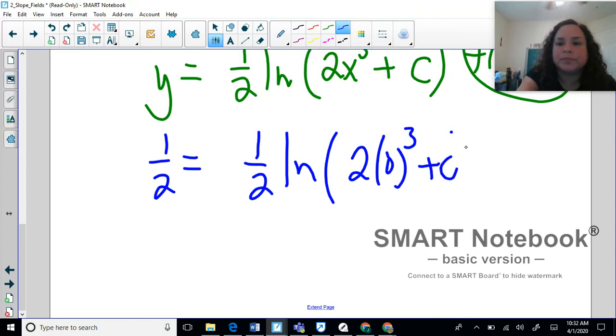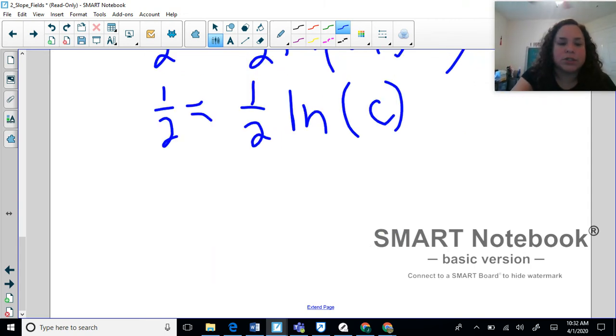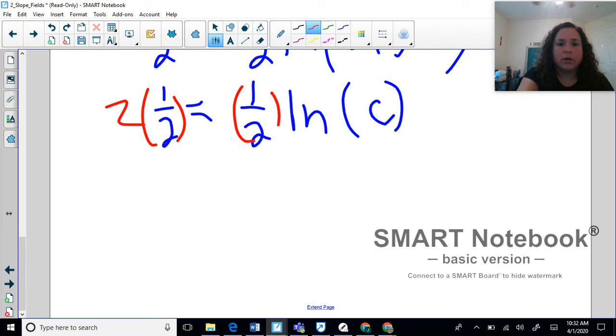Simplifying, we have 1/2 equals 1/2 the natural log of c, because 2 times 0 cubed is just 0. We multiply both sides by 2 to get rid of the 1/2s, which gives us 1 equals the natural log of c.